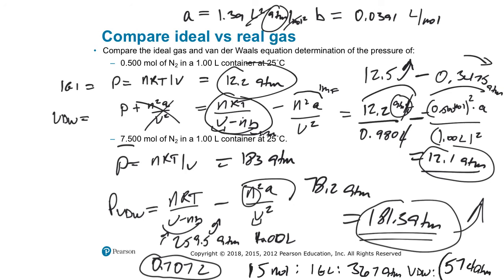So if you keep increasing the pressure more and more, then the V minus nb term kicks in, and it's a much bigger factor in increasing the pressure from where the ideal gas law would be predicting. So when we're under-predicting the pressure, that means that the second term is having a bigger impact. This n squared a divided by V squared is having a bigger impact at reducing the pressure due to intermolecular attraction.